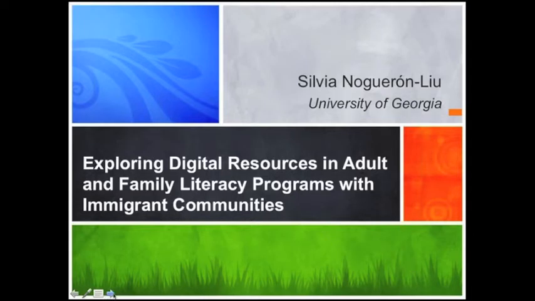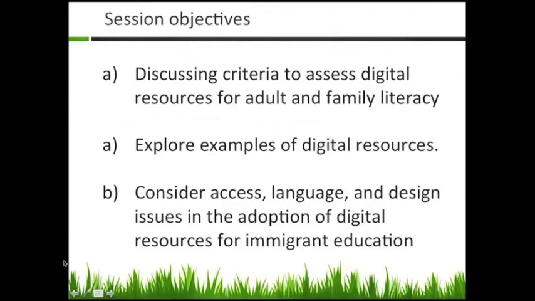And so the objectives, let me switch slides. It's taking a while. What I hope to accomplish today is that we discuss criteria to evaluate digital resources for adult and family literacy. In the classes that I teach here, I work with elementary pre-service teachers, and we're always wondering how we're going to evaluate apps and websites.